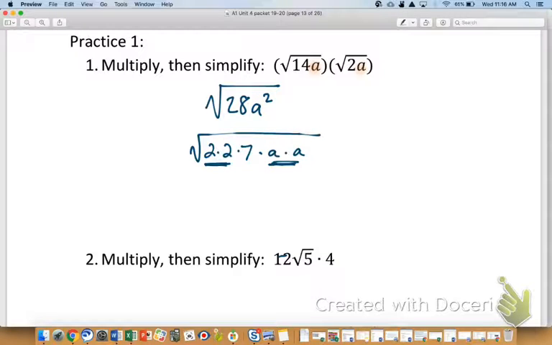So two 2's come out as what? Just a single 2. The two a's, also a single a. What's the only lonely soul left in the radical? It's a 7. So it'd be 2a times the square root of 7. And that would be your final, most simplified, lovely version.